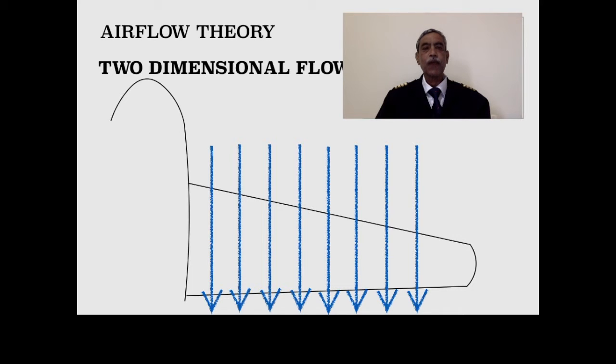That means from one point ahead to another point in the rear. That means it's not going to curve, it's not going to turn or change direction, etc. So this is called a two-dimensional flow. We need to understand this so that we will understand the other phenomena much better.